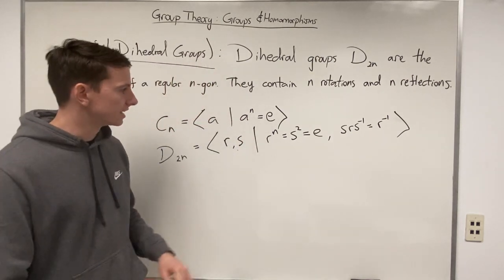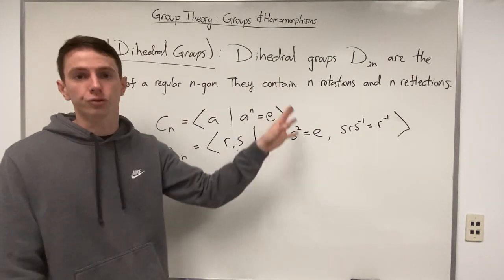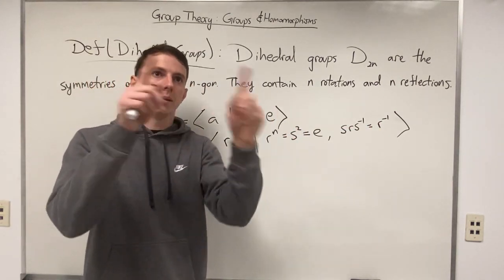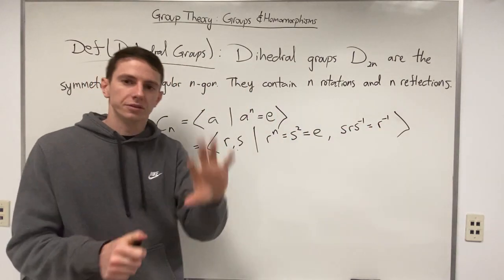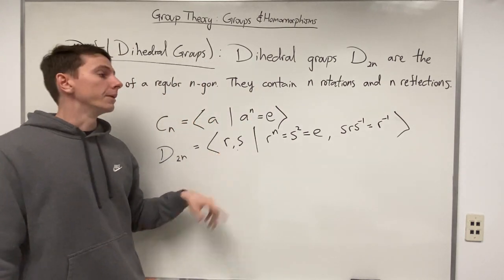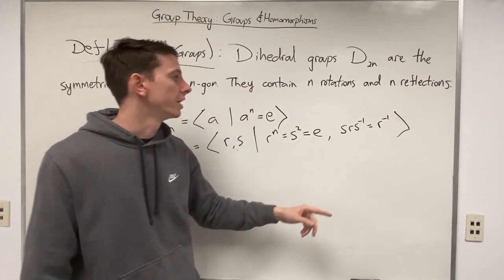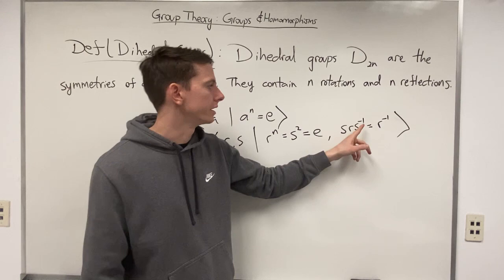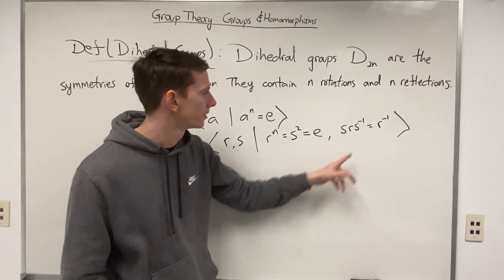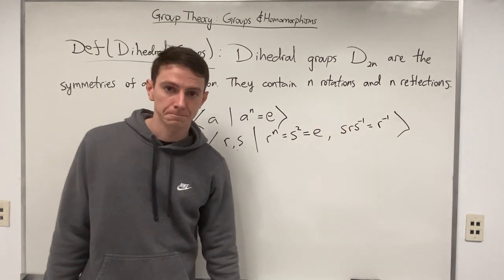What this equation says is that if R is a rotation by some number of degrees, R inverse is going to be just that same rotation in the opposite direction, because that essentially undoes the original rotation R. But another way of denoting a rotation in the opposite direction is to first apply a reflection, then apply the standard rotation R, and then apply the reflection again.